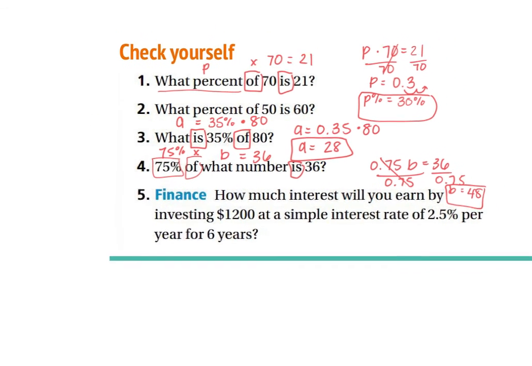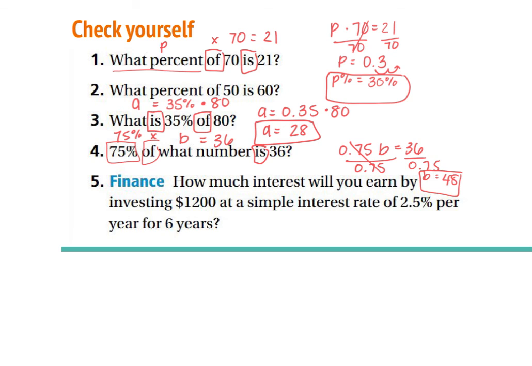Okay, how much interest will you earn by investing $1,200 at a simple interest rate of 2.5% per year for 6 years? Interest equals, this is our principal, this is our rate, and this is the time.